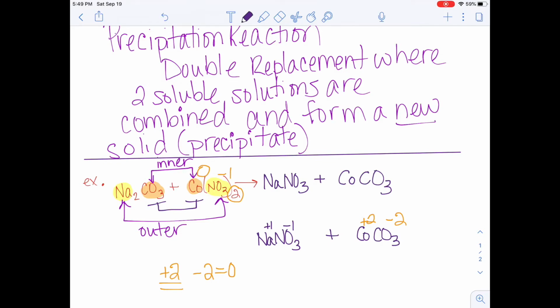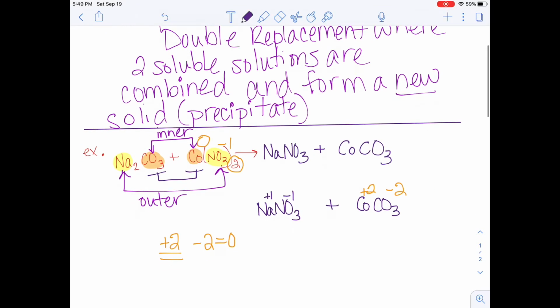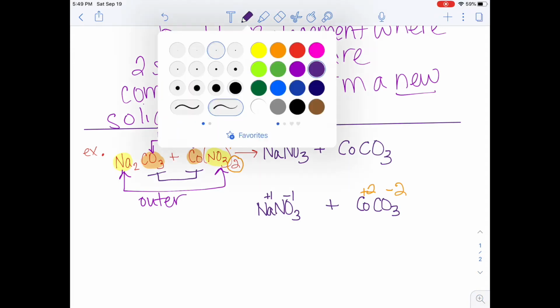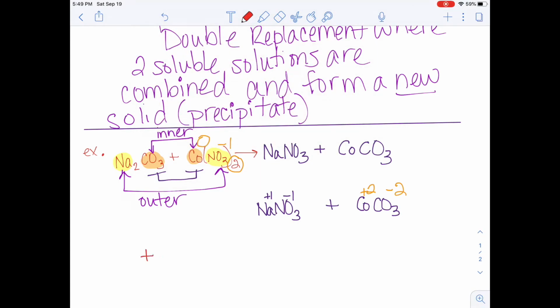Now, the whole purpose of this was to figure out what that pink precipitate we saw was. The rules are very simple. If you look at the charges down below, anytime you have a +1 or a -1 inside a compound, you have a soluble solution, or something that dissolves in water.